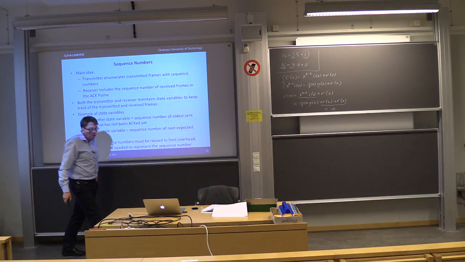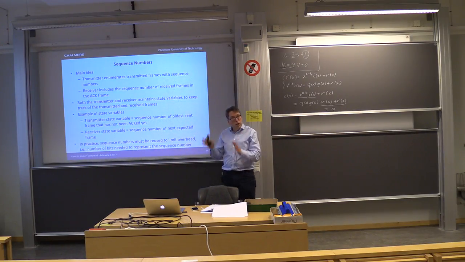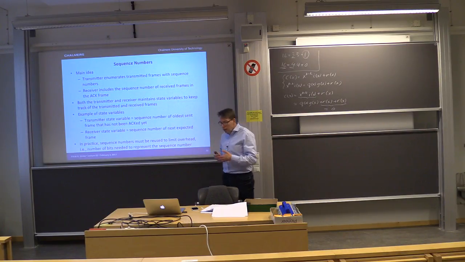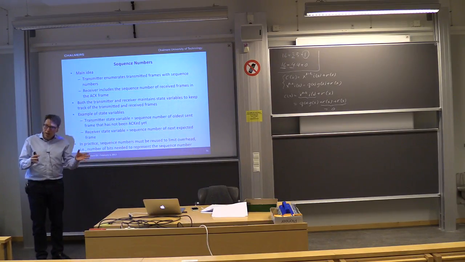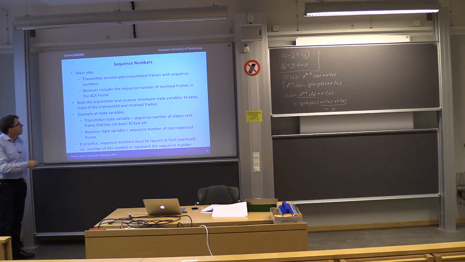Okay, so we need sequence numbers. The main idea is that we enumerate the transmitted frames 0, 1, 2, 3, etc. And at the receiver, we inspect the packets and see, okay, we expect 0, 1, 2, 3, etc. And if we get them out of order, we do something about it. So we transmit frames with sequence numbers, and then we make sure that the sequence number is also part of the acknowledgement.